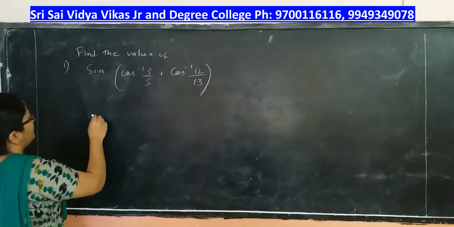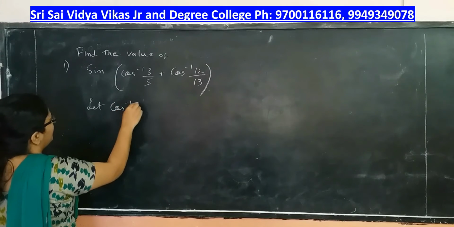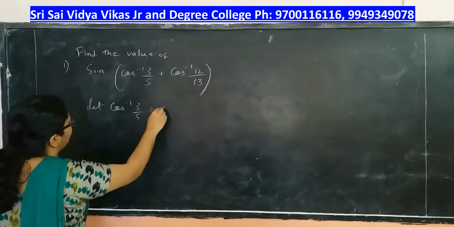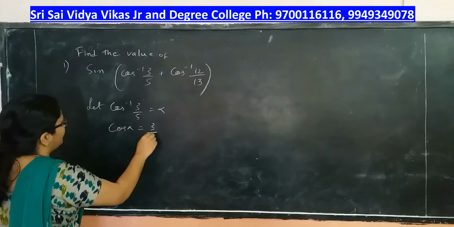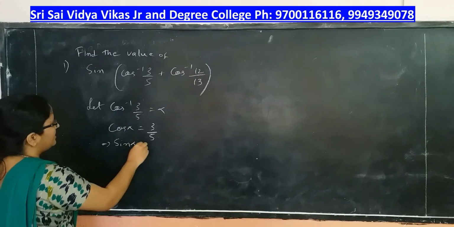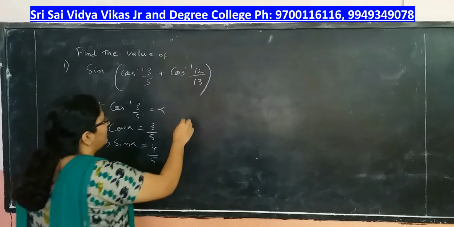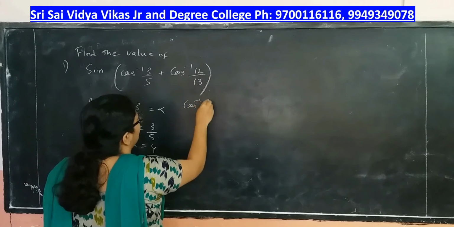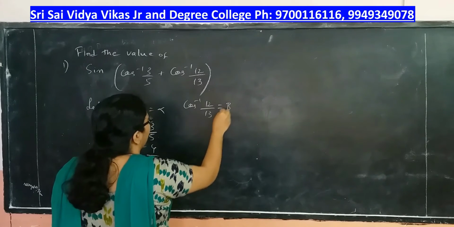For this, let cos inverse 3 by 5 be equal to alpha, so cos alpha is equal to 3 by 5. This implies sin alpha is equal to 4 by 5. Similarly, let cos inverse 12 by 13 be equal to beta.